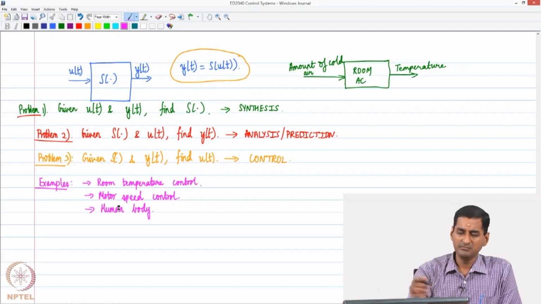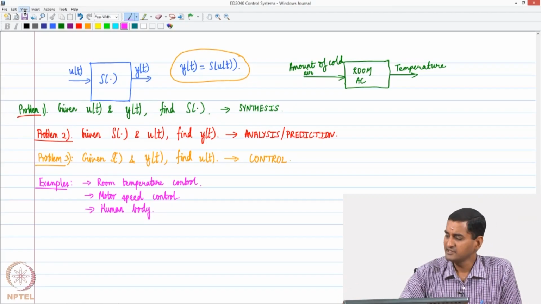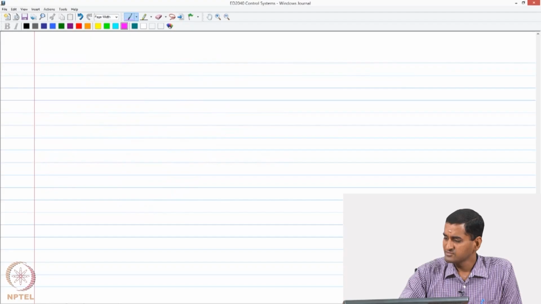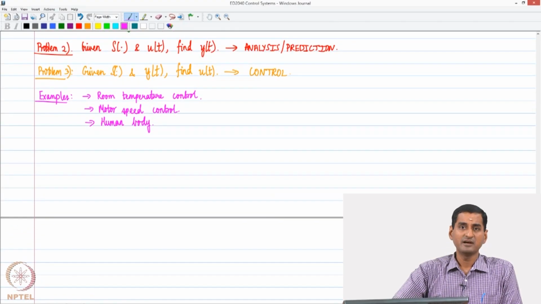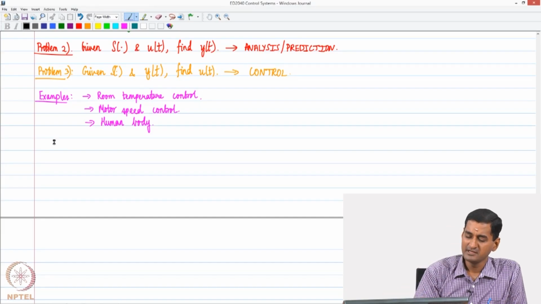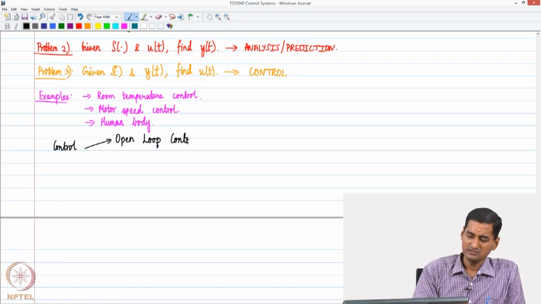So before we get into the mathematics, I just want to give another physical perspective on how we classify and look at control and so on, right. So essentially, in a very broad sense, people classify control as what is called open loop control and closed loop control.